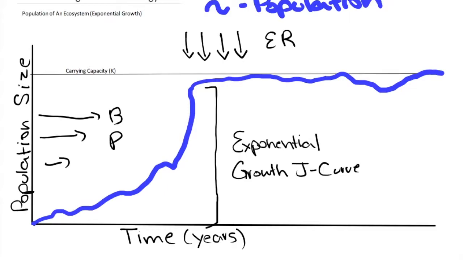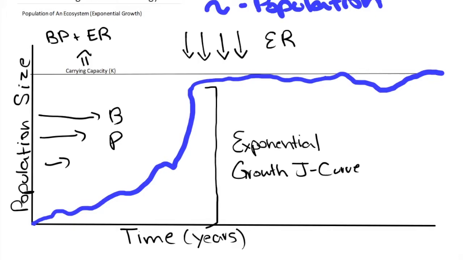All these environmental factors resist the population's urge to grow. And using both the biotic potential and the environmental resistance, we can find the carrying capacity of an ecosystem. What carrying capacity of an ecosystem basically is, is biotic potential plus the environmental resistance of an ecosystem.